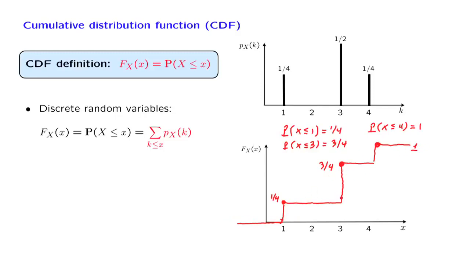It has a jump at those points where the PMF assigns a positive mass, and the size of the jump is exactly equal to the corresponding value of the PMF. Similarly, the size of the PMF here is 1/4, and so the size of the corresponding jump in the CDF will also be equal to 1/4.